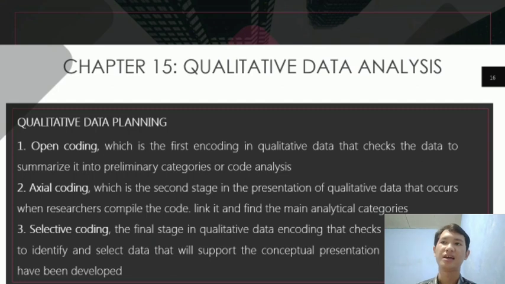Second is axial coding, the second stage in the presentation of qualitative data, which occurs when researchers compile the codes, link them, and find the main analytical categories. And third, selective coding, the final stage in qualitative data encoding, which checks previous codes to identify and select data that will support the conceptual categories that have been developed.